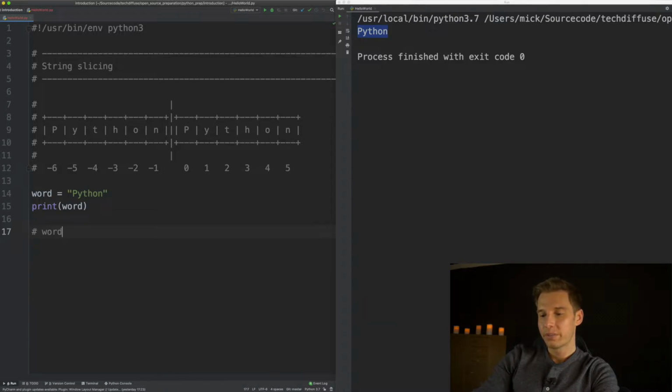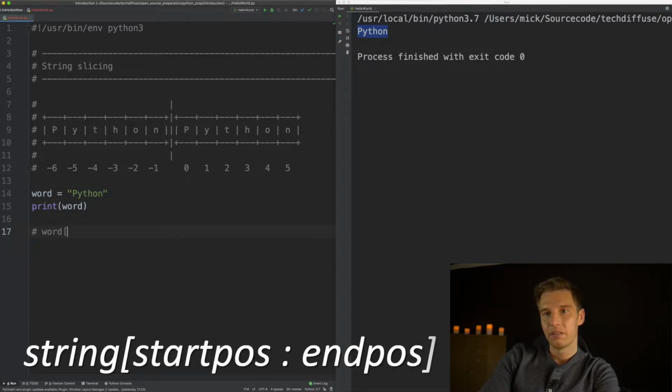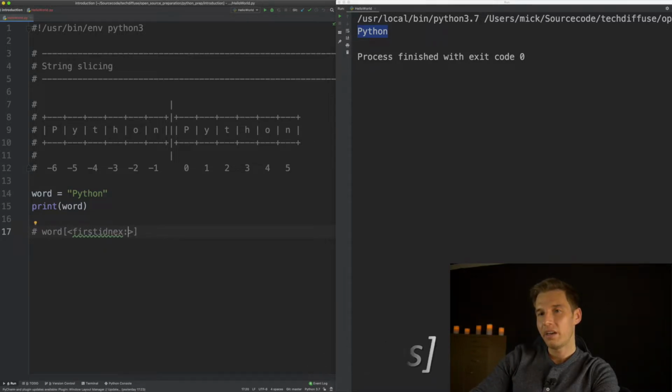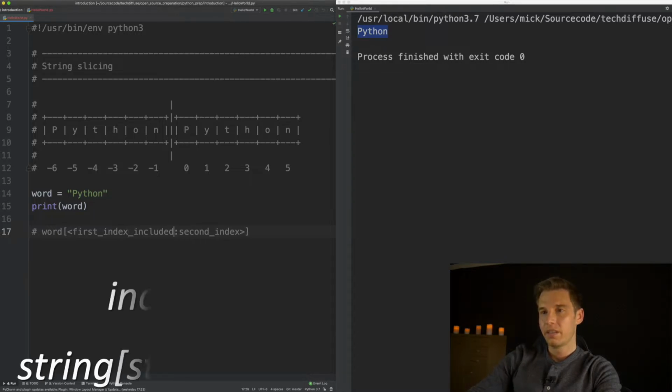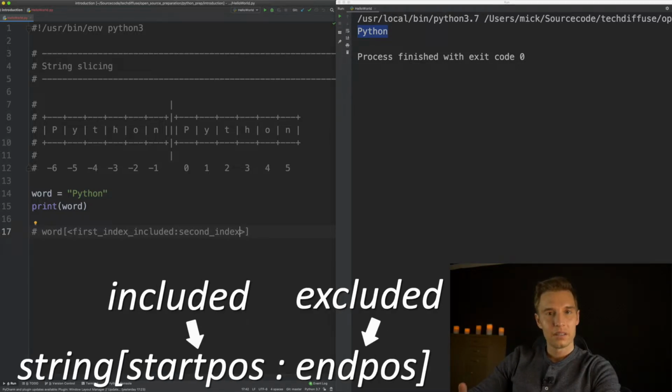We have our word, and we have the square brackets, and we put in the first index, colon, and the second index. All right. And now it gets a bit tricky, because the first index is always included, and the second index is always excluded.